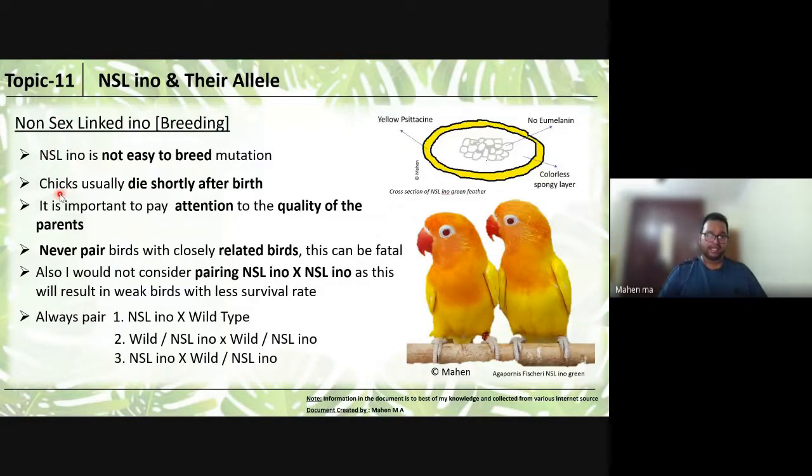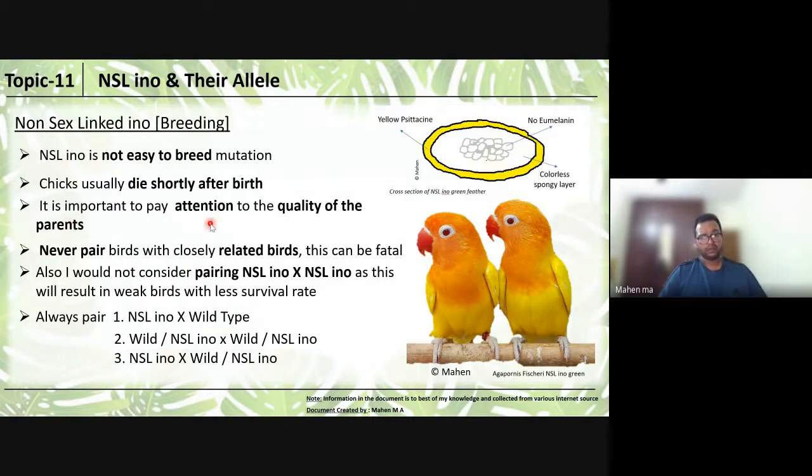Chicks usually die shortly after birth, within 1 or 2 days. This happens because they are very weak, and even a younger bird that is slightly bigger than the newly hatched birds will just stamp on the others, and this results in the death of the bird.